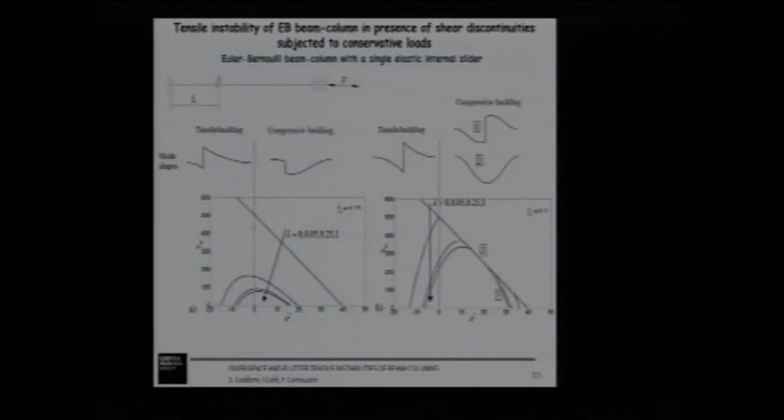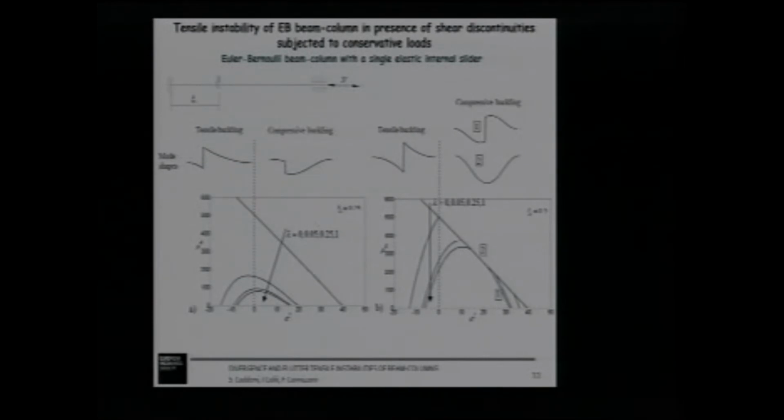Okay, these results are relative to a clamped Euler-Bernoulli beam column with a single internal slider for 2 different positions of the slider and for an increasing compliance of the slider. The straight line represents the response of the uniform Euler-Bernoulli beam column, which provides a divergence in compression, but no instability in tension.